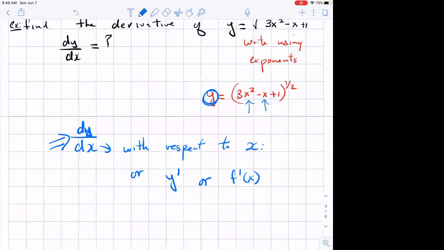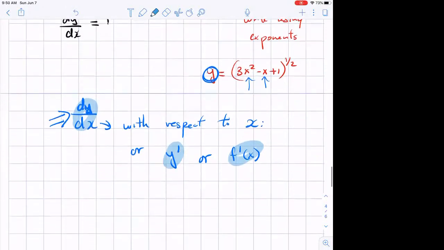Just like sometimes I call upon a student by her last name, sometimes by her first name, sometimes Miss. They're different names for the same thing. dy dx, y prime, f prime, they all have the same meaning.